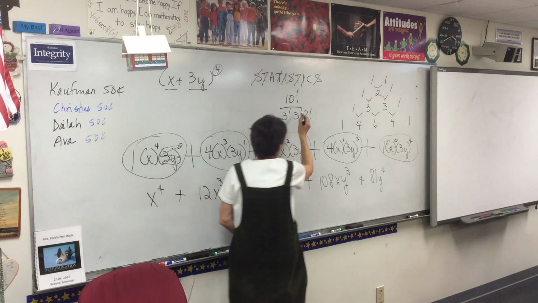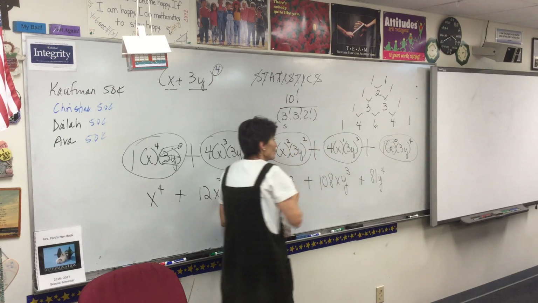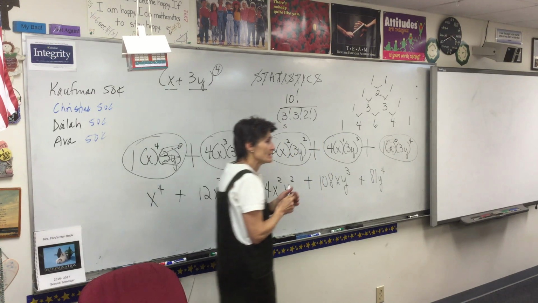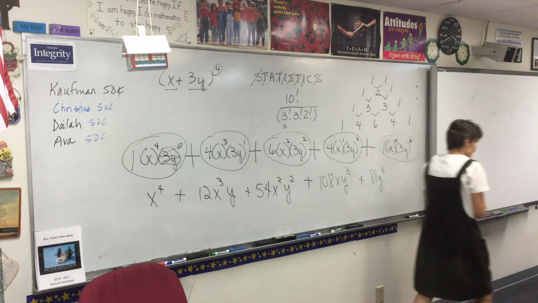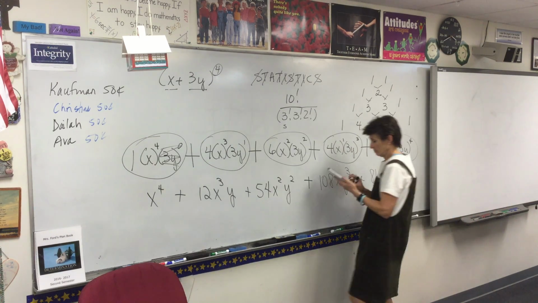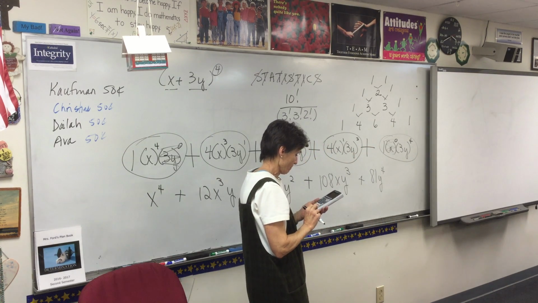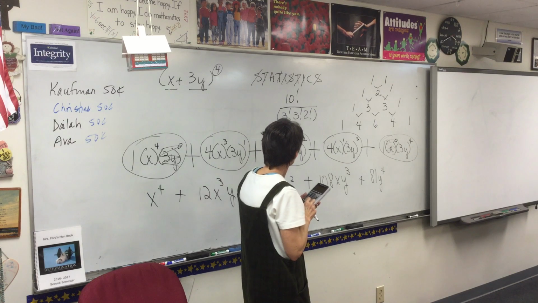So this is what I'm going to type into my calculator, making sure that the denominator is in parentheses. 50,400. Oh, yeah. You already have it? 50,400.